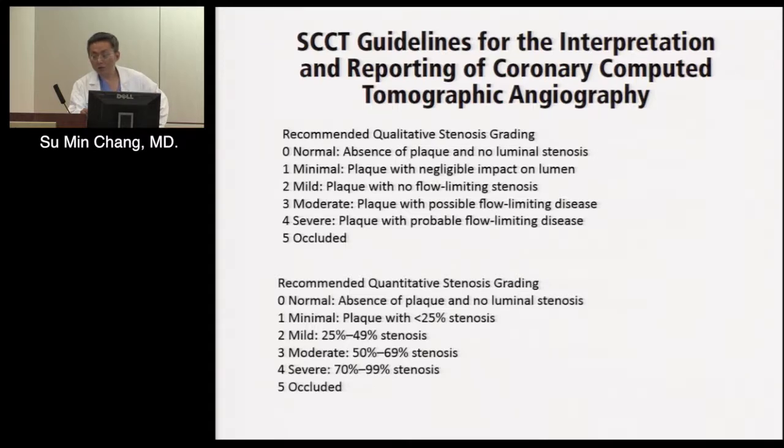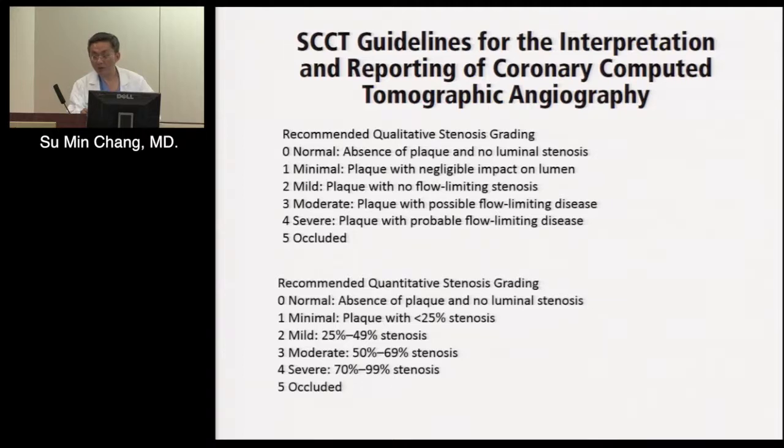or subtotal occlusion, okay? That's why the newer scanners, which allow us to image the coronary in different time frames, will be very useful in determining if a lesion is total or subtotal, because, correct me if I'm wrong, there's some therapeutic implication, right?